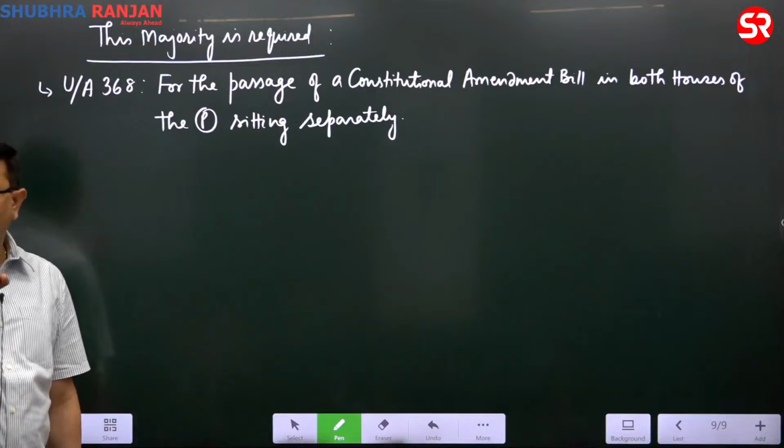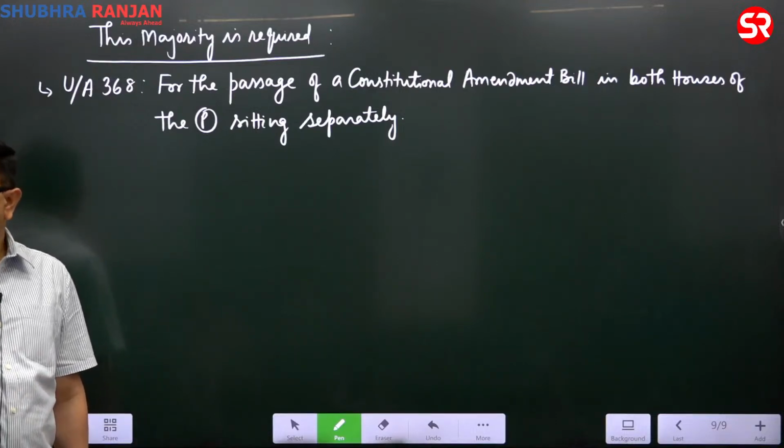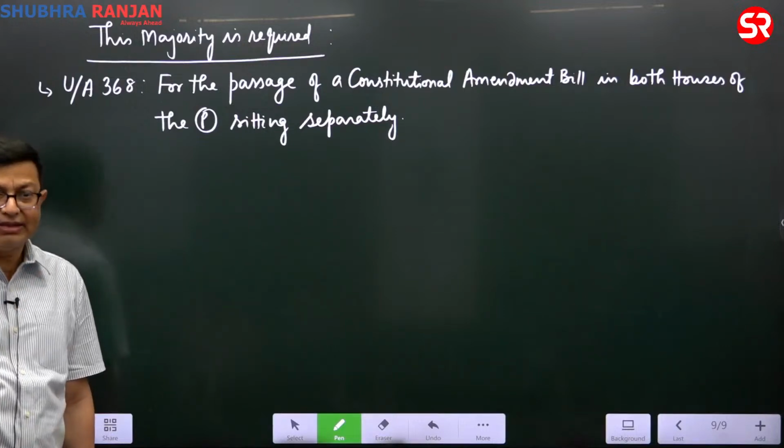So in the Lok Sabha as well as in the Rajya Sabha sittings, there is no joint sitting for this.